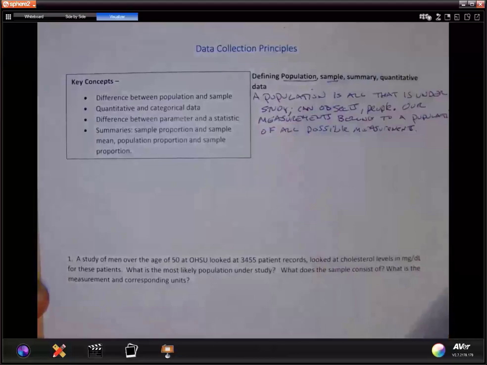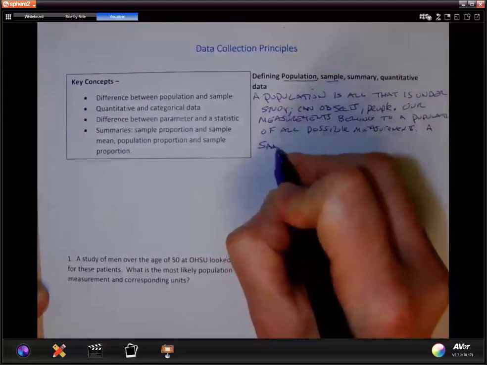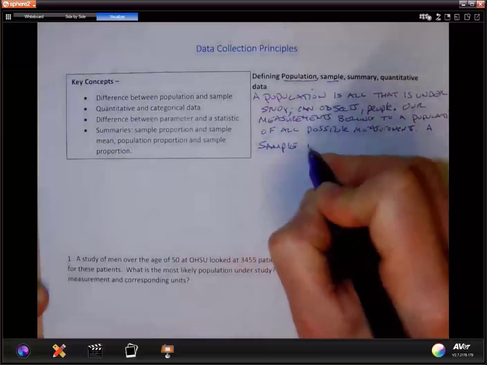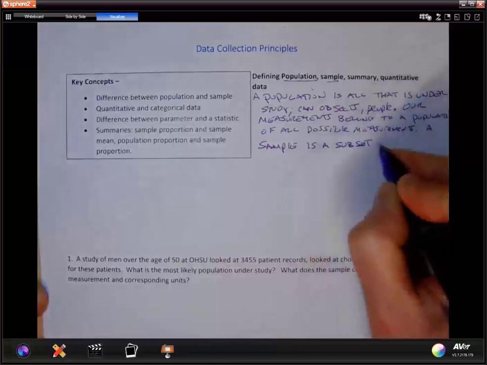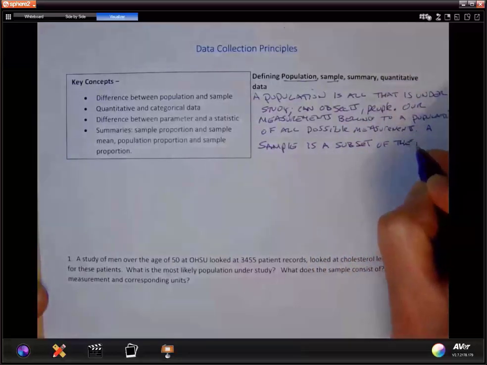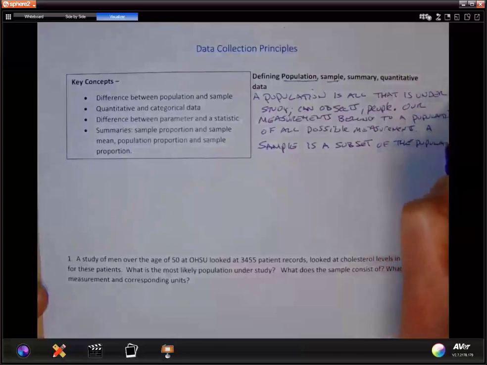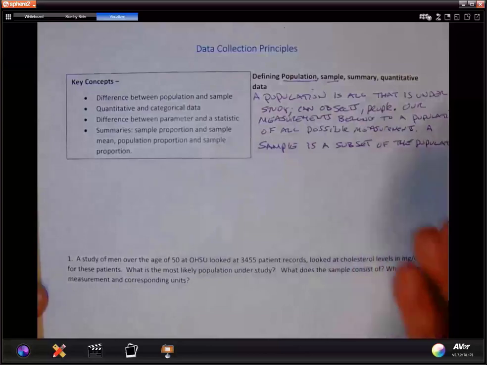Compare that to a sample. A sample is a subset of the population. Again, the sample is just a subset of the population.